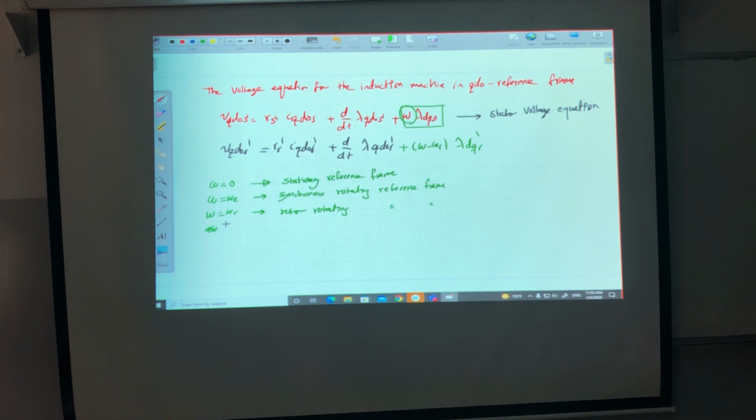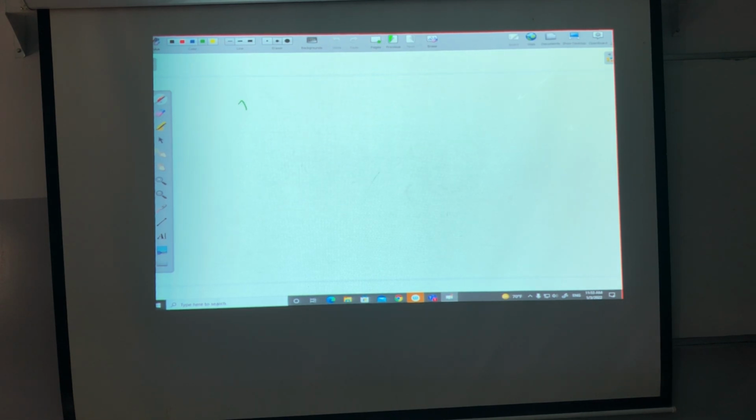So, if we write the flux linkage, which is the lambda QD0S and lambda QD0R dash, we know that this is equal to what? It was the KS LS KS inverse, correct?